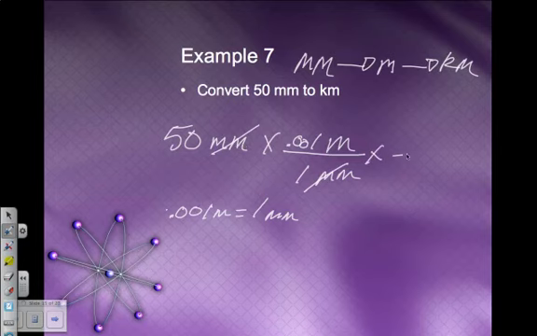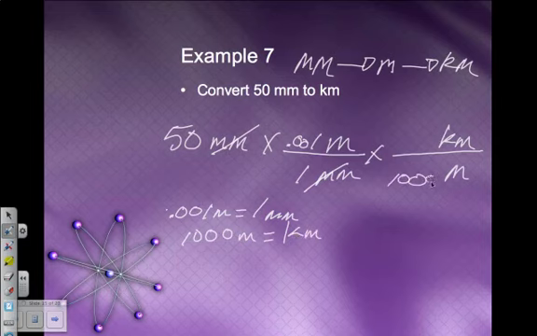Now I'm going to go to the second step. I want to go to kilometers. The unit that I want goes on the top. I'm following my map here. And then put my meters on the bottom. So I know between meters and kilometers there are 1,000 meters in 1 kilometer. So that goes away. So I take out my calculator.